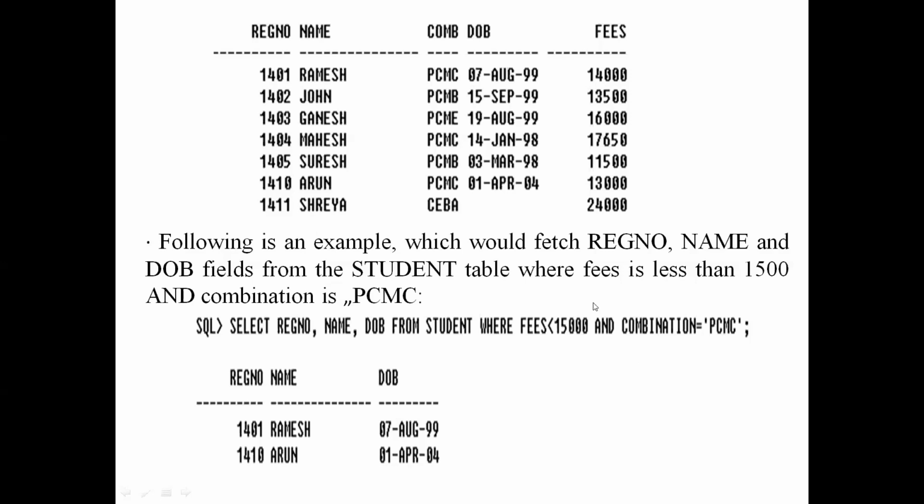There are 3 students with the PCMC combination in our table, but out of the 3, 2 students satisfy the fees less than 15,000, while 1 student, Mahesh, has fees of 17,650. It means out of these 3 records, we'll get only 2 records for the given query. That is displayed as the result here. See here, 1401 Ramesh, then date of birth, then 1410 Arun.